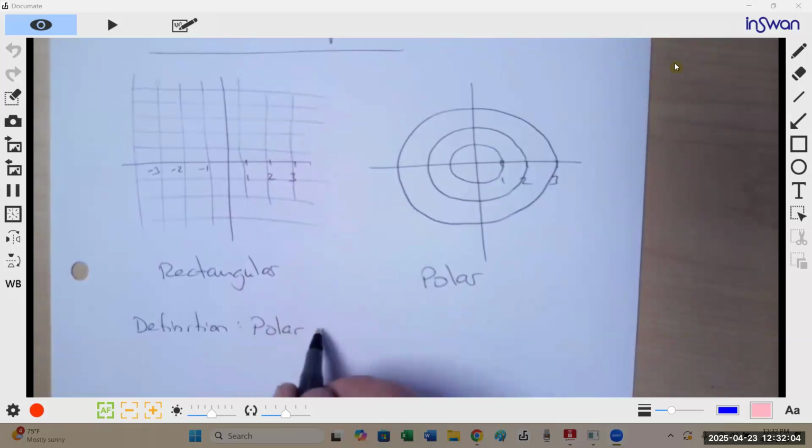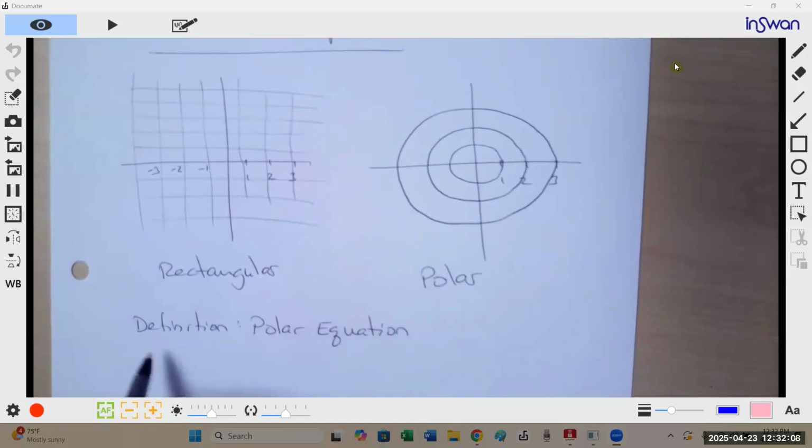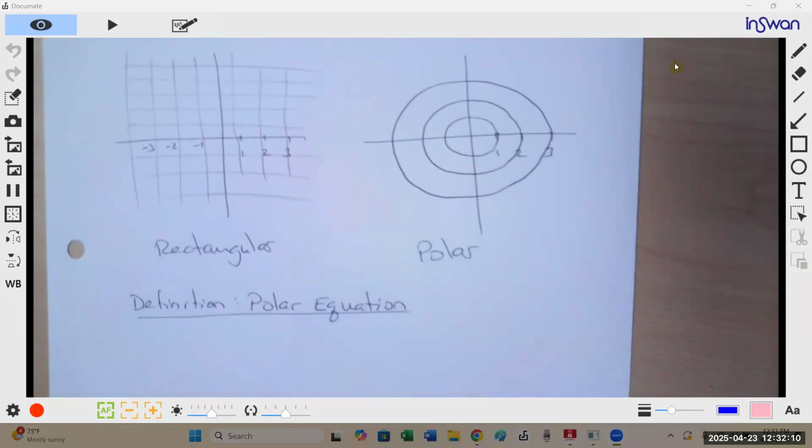Look at now, what are polar equations? What is an equation? From algebra, what defines an equation as opposed to an expression? It has an equal sign. It equals something. An expression is simply a statement.